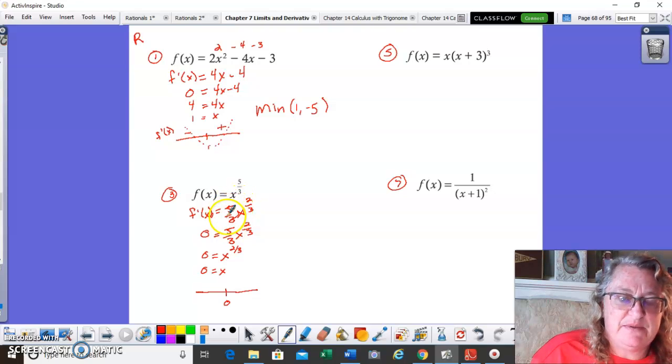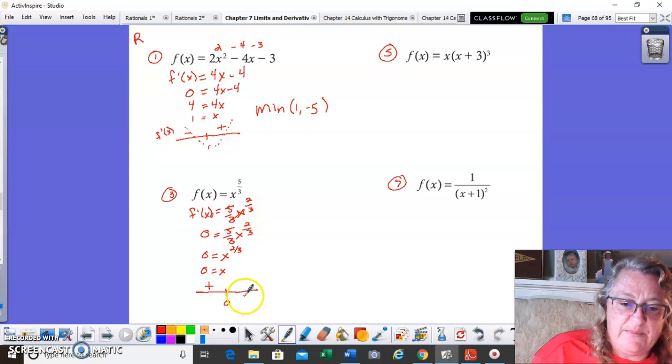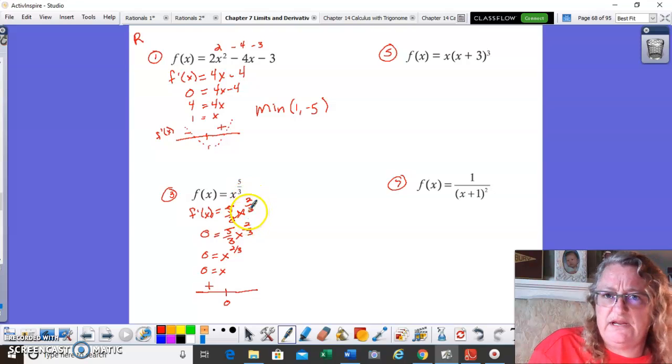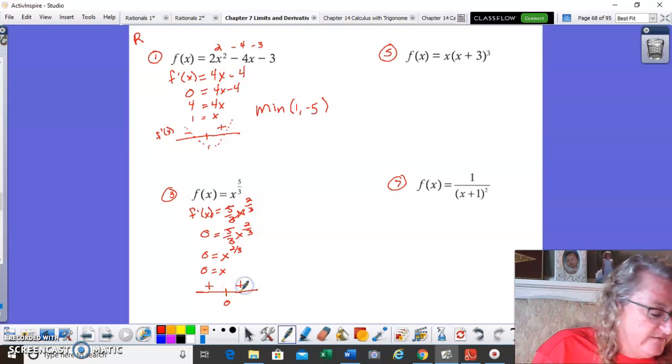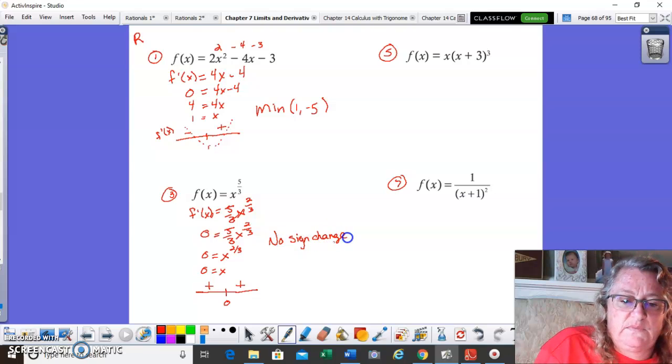And I'm multiplying by the positive, so this will be positive. When I take a positive number and square it, it's positive. Take the cube root, it's positive. And multiply by a positive number, it is also positive. So in this case, I have no sign change. No sign change implies no relative extrema.